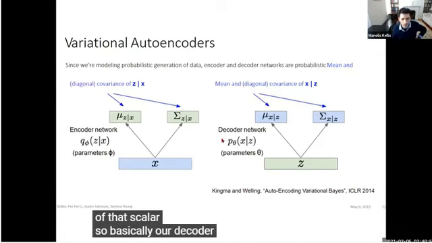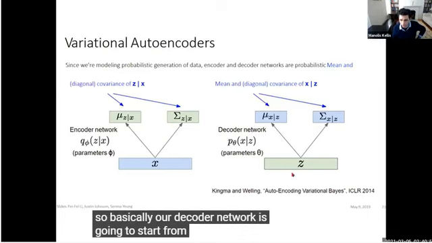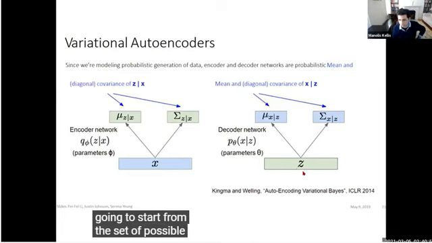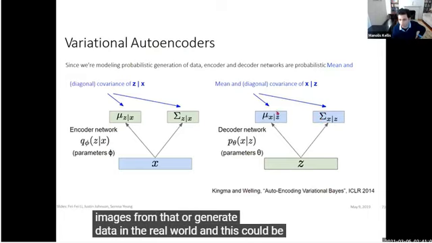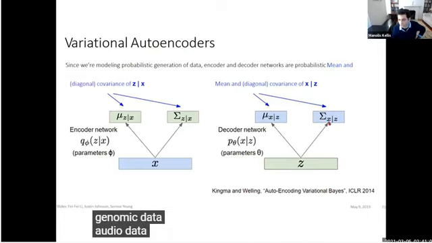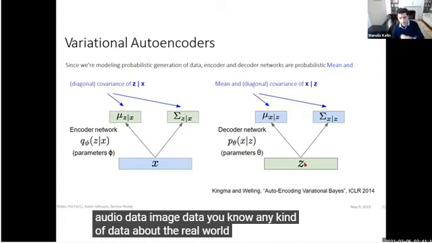So basically, our decoder network is going to start from the set of possible latent space vectors and then generate images from that, or generate data in the real world. And this could be genomic data, audio data, image data, any kind of data about the real world.